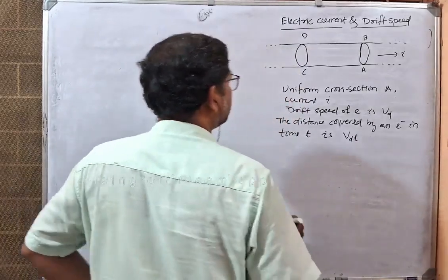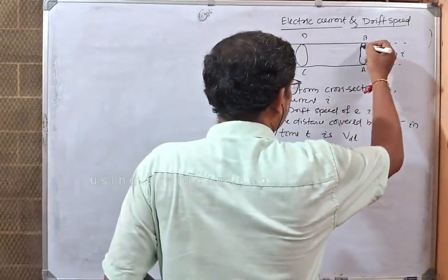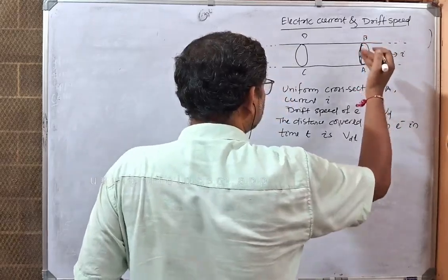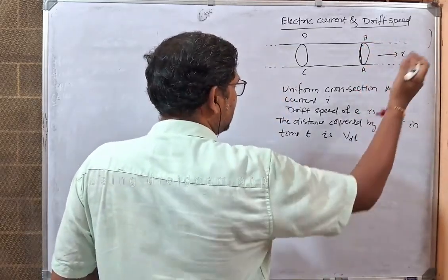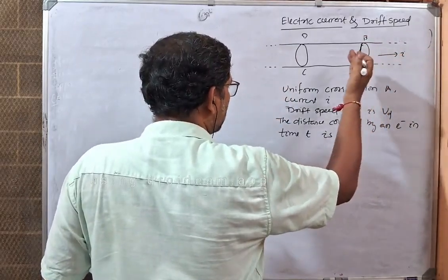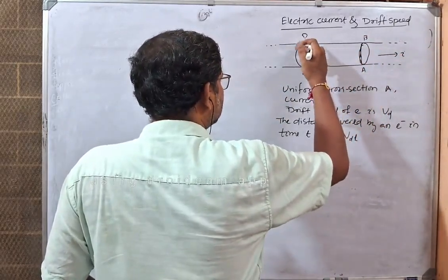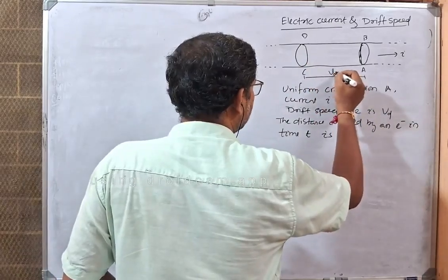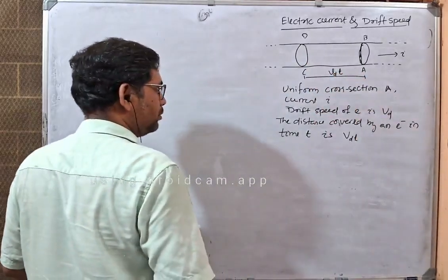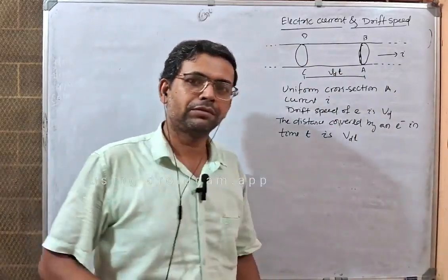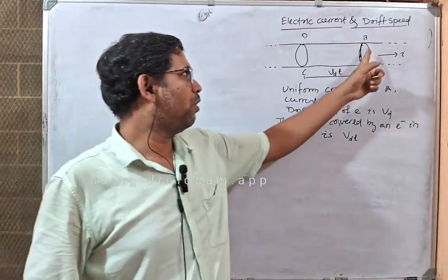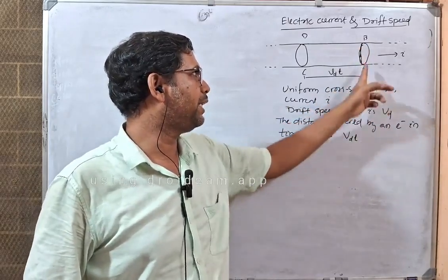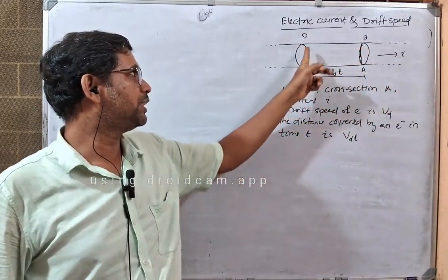Okay. So imagine the free electrons on the surface AB. In time t, they will travel all the way to the surface CD.